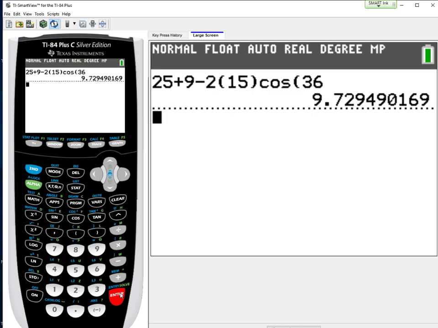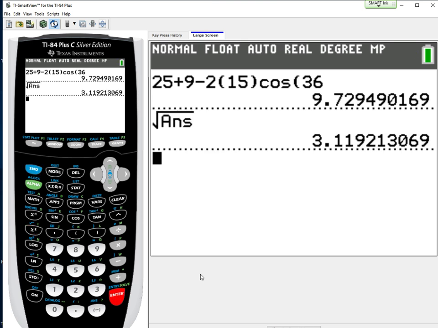So now we need the square root of that. The answer is approximately 3.11. Okay, we're good? Yep. 3.11? Are you in degree mode?